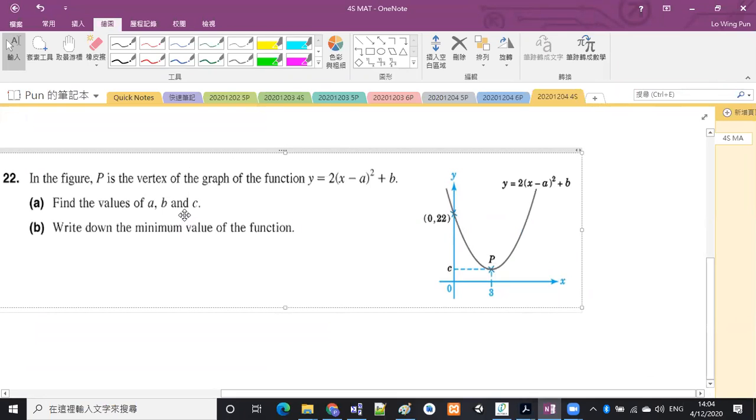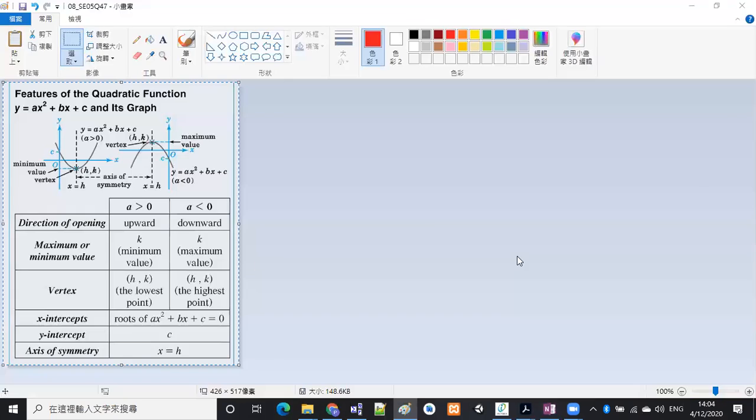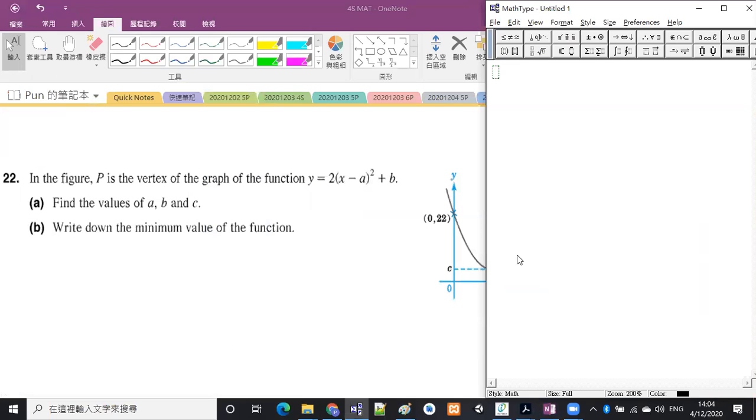Okay, 22. In the figure, P is the vertex of the graph of the function y equals 2 times (x minus a) squared plus b. Find the values of a, b, and c. Can you see that y equals 2 times (x minus a) squared plus b is already in the AHK form? So we can actually see the h value and the k value directly.